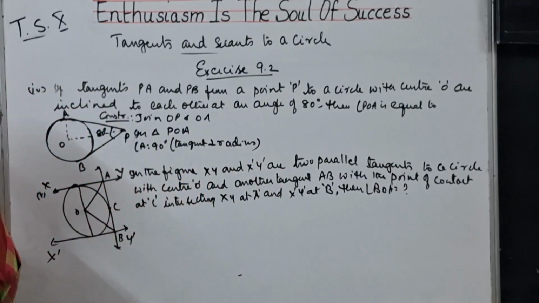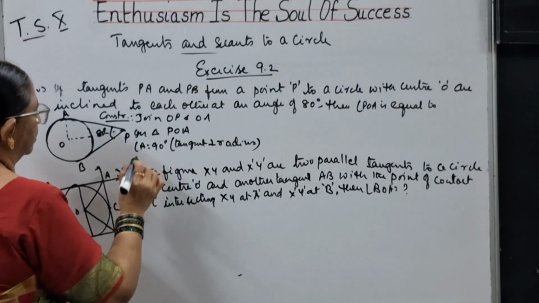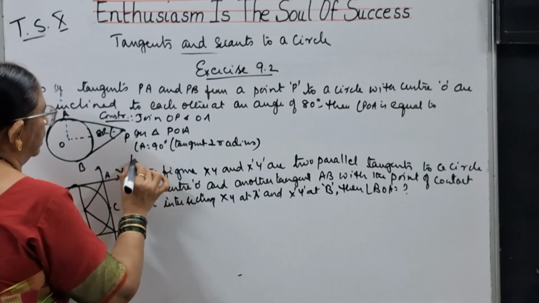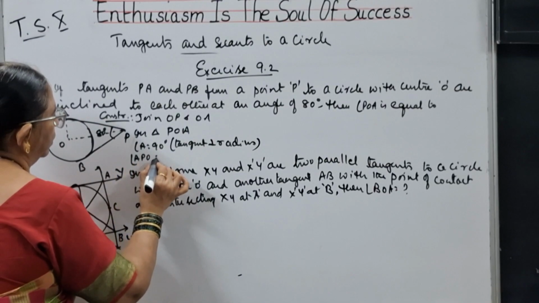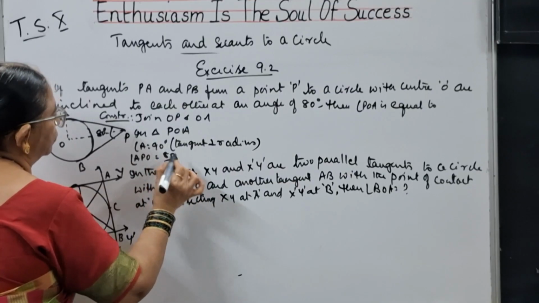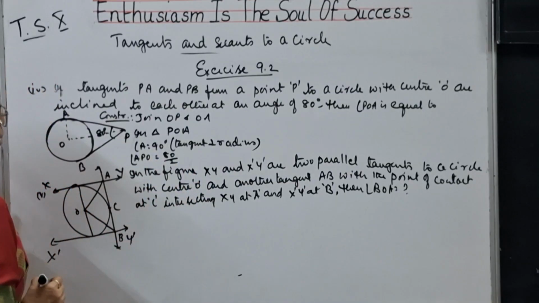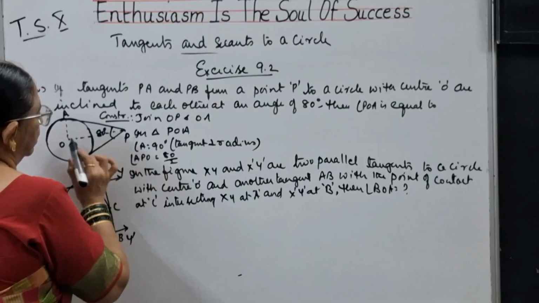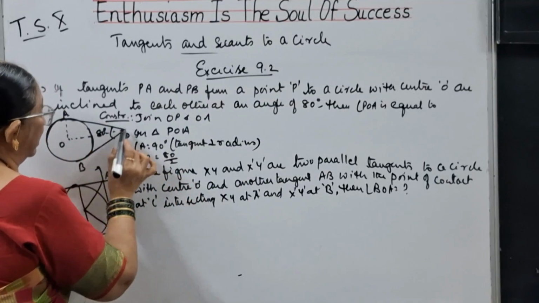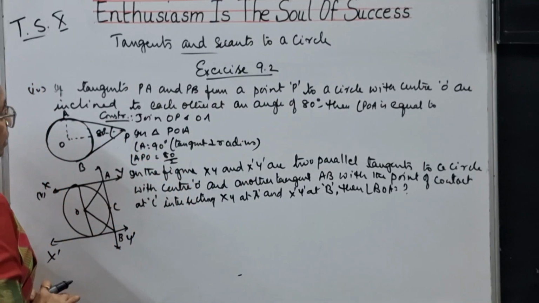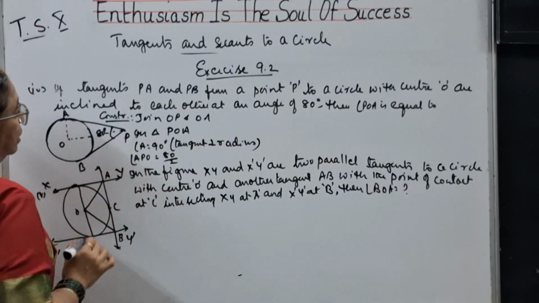So you can say angle A is 90 degrees, and angle APO is equal to 80 by 2. We have already learnt this, because the center lies on the bisector of that angle.